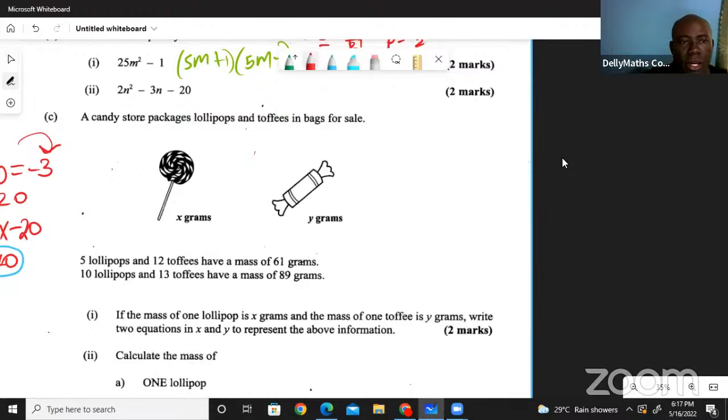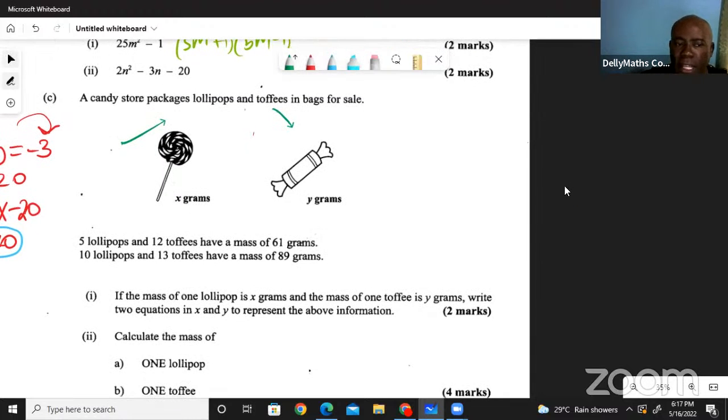So one is X grams and the other one is Y grams. Here's the question. 5 lollipops and 12 toffees have a mass of 61 grams, and then 10 lollipops and 13 toffees have a mass of 89 grams.